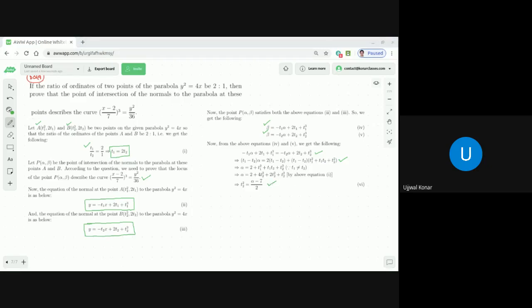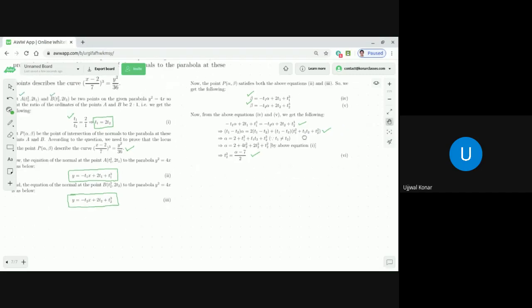Now once you get this, then from equations 4 and 5 we need to find the value of T2, and then we will simplify further. We are going to get something like this, algebraic simplification.